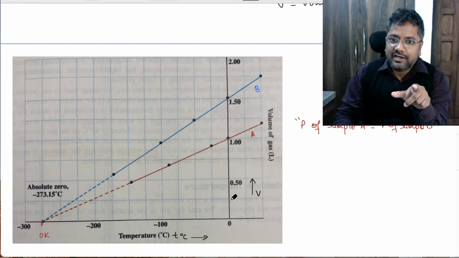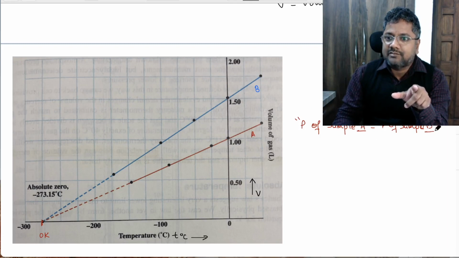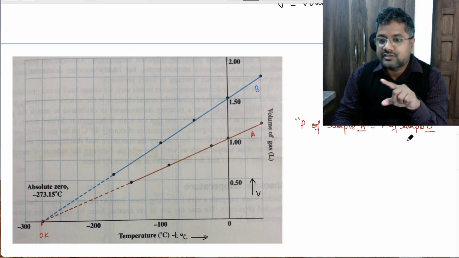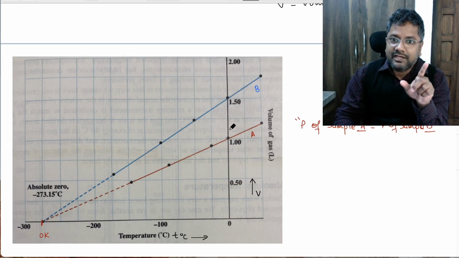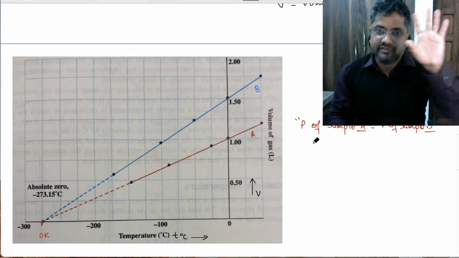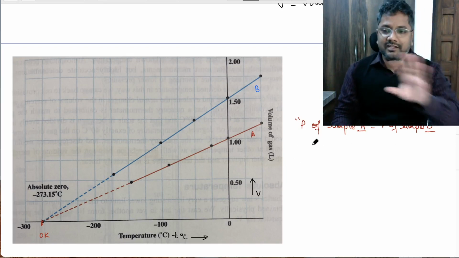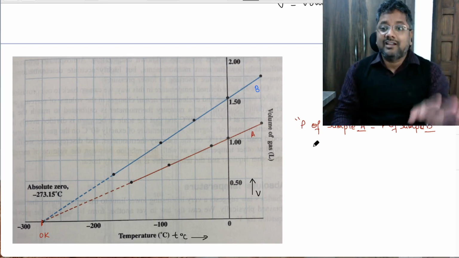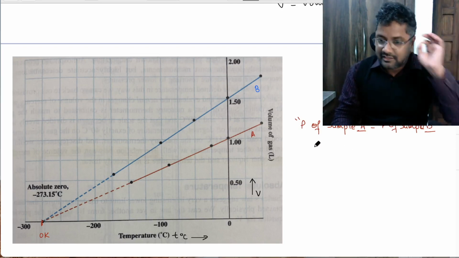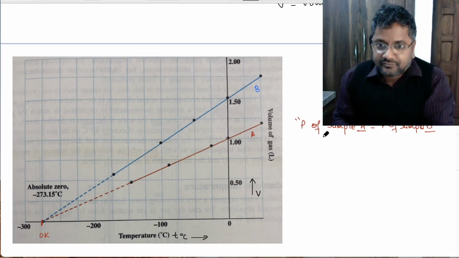So at this point, pressure of sample A and pressure of sample B are the same, and temperature is 0 degrees Celsius, so temperature is also the same. If they have different volumes, then definitely they have different numbers of moles. It is not possible that T is the same, P is the same, N is the same, and volume has a different value. This is impossible, right?